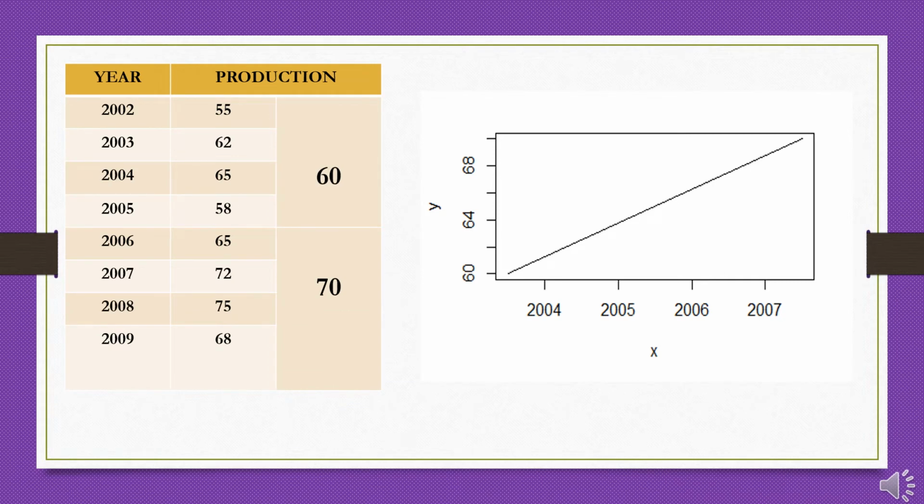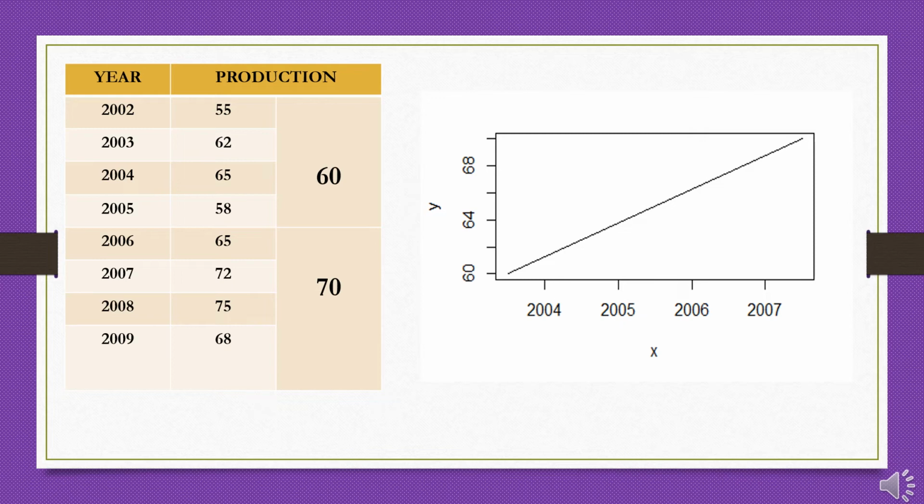First, we divide the entire data into two halves, first half and second half, then find the arithmetic mean of the production values. Then we take a graph sheet and plot the x-axis and y-axis corresponding to the year and production. So now our mean value of the first half is 60 and the second half is 70.